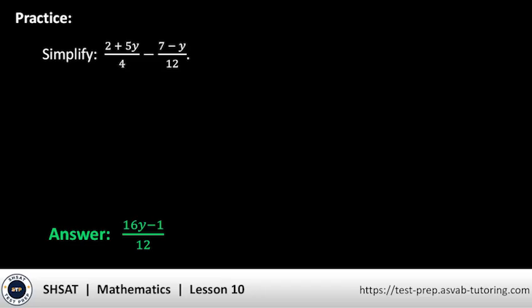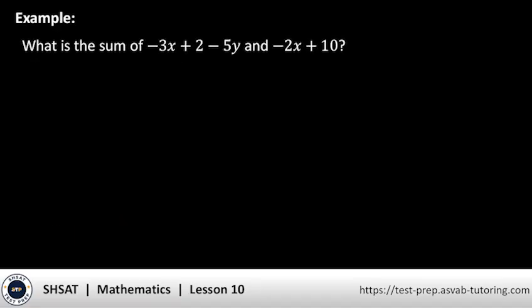I hope that you do get your answer as this. Okay, let's look at this. So the question says, what is the sum of this and this? So sum means addition. Okay, so that means we just need to add negative 3x plus 2y, negative 5y.